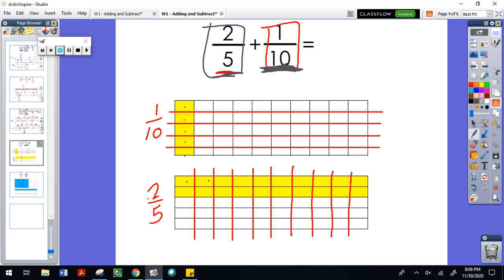So I have 1, 2, 3, 4, 5, 6, 7, 8, 9, 10.